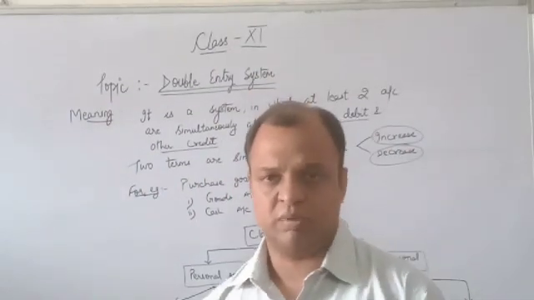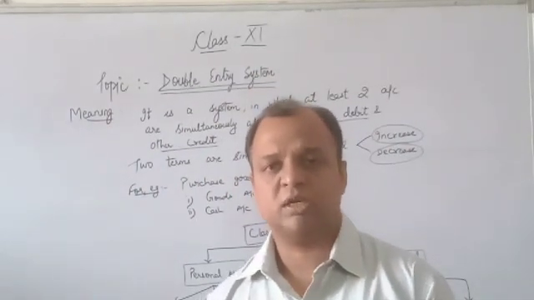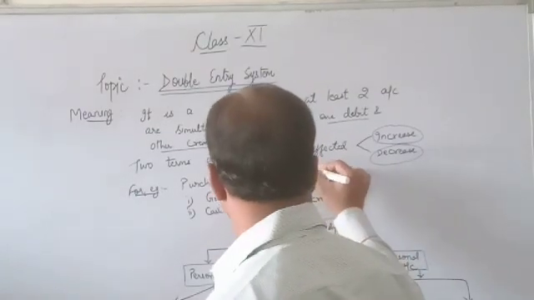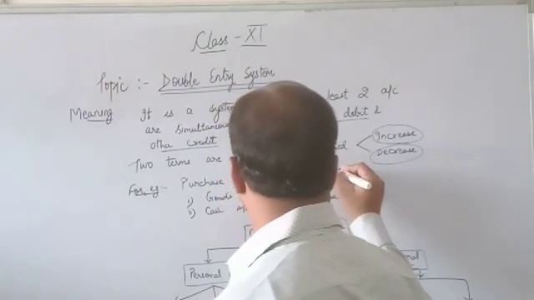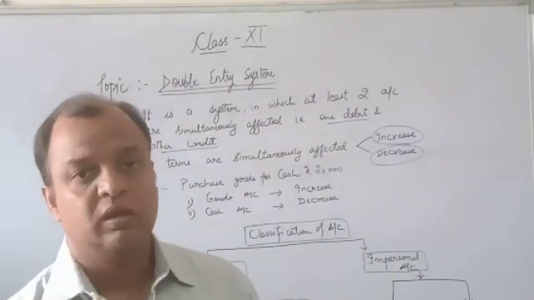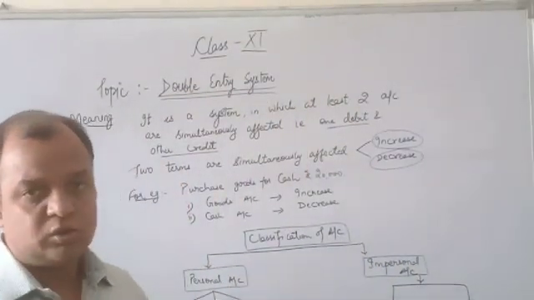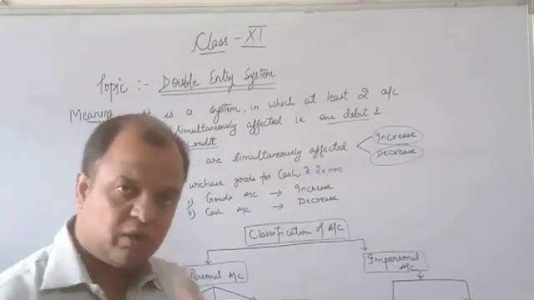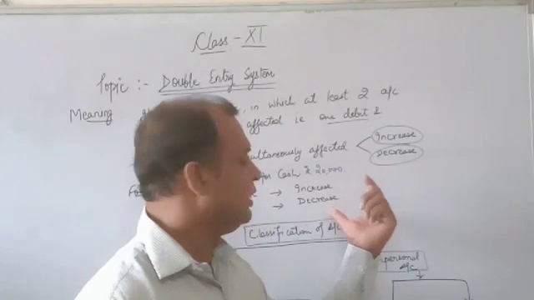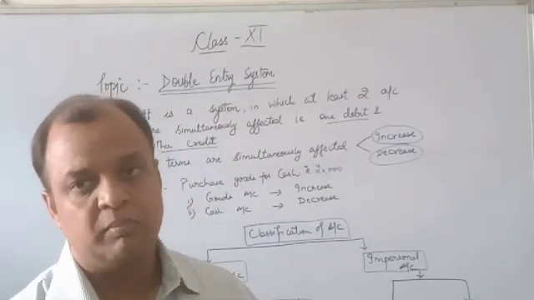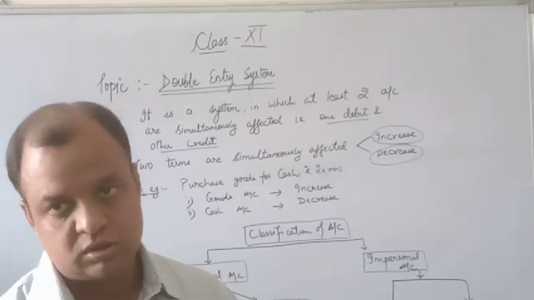Suppose you are a businessman and you are purchasing goods for cash rupees 20,000. Now what will this situation reflect? That you are bringing goods worth 20,000 into the business, and from the business your 20,000 cash will decrease. The reason for the decrease is that you are purchasing goods.